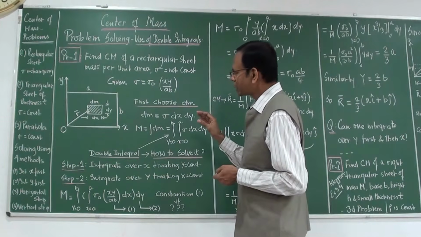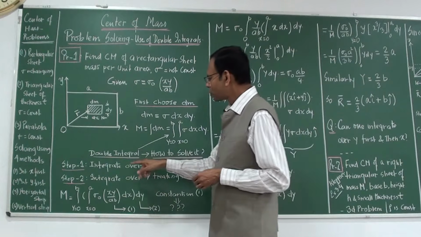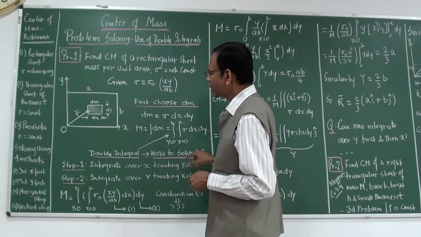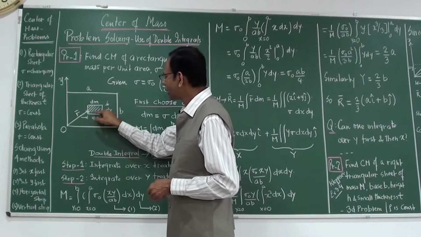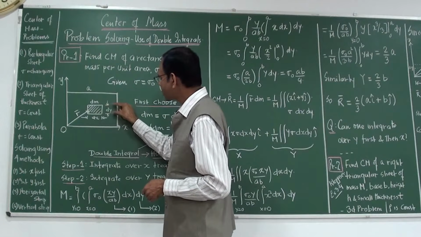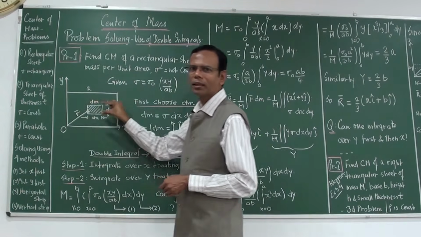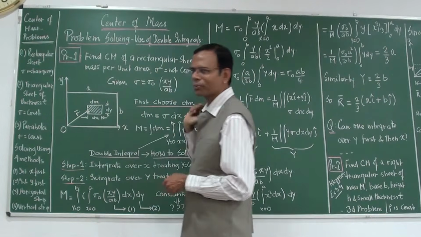Now let me explain a little bit more what we do. Suppose you integrate over x, treating y as a constant. When you treat y as a constant, if you extend this as a line, this is a kind of strip that you will be integrating. So the whole integral will be integrated along this strip.